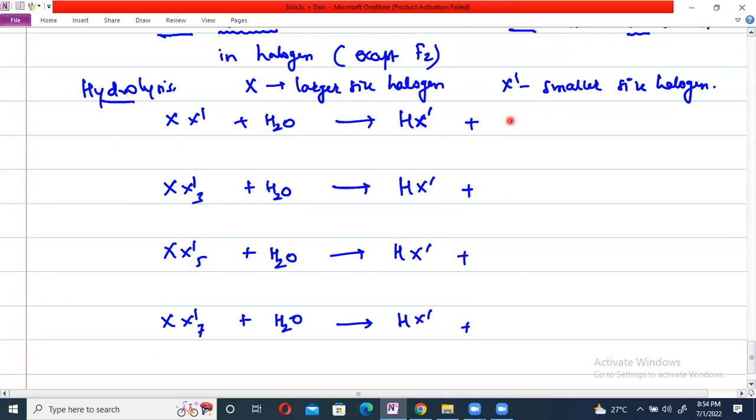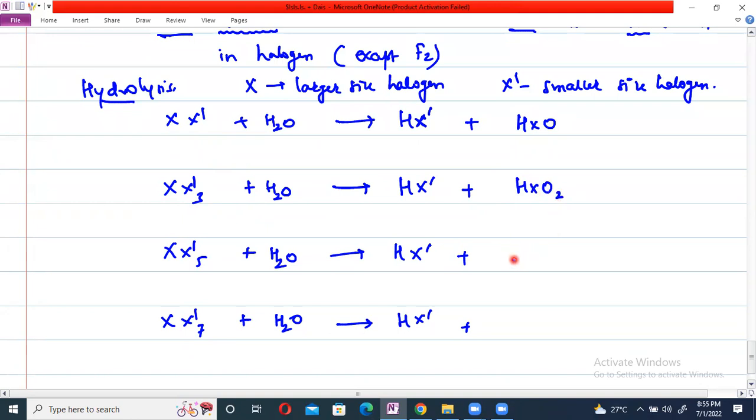What is a hypohalite? Let me tell you, madam. When it combines to form actually HClO or HXO, it is a salt formed by XX'. If it is XX'3, it will form HXO2.